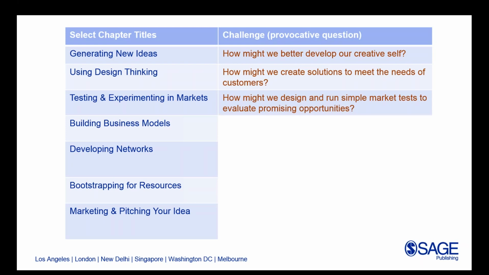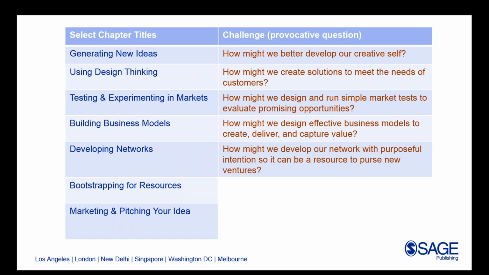The question is how might we design and run simple market tests to evaluate promising opportunities. Business models becomes how might we design effective business models that create, deliver, and capture value. Networks becomes how might we develop our network with purpose and intention so it can be a resource to pursue new ventures. Or bootstrapping becomes how might we pursue a venture with very limited resources.